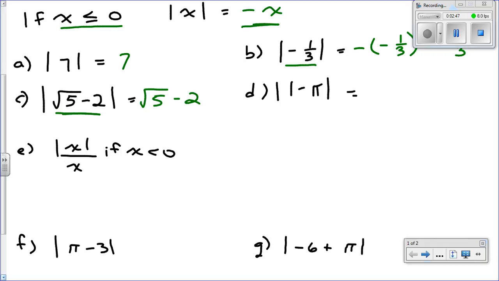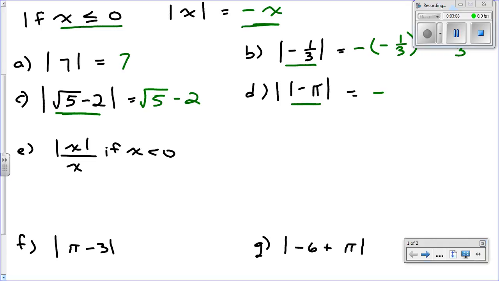D, on the other hand, has 1 minus pi in the absolute value symbols. That's 1 minus 3 point something, which is going to give us a negative value, so we need to change the sign on it. There are a couple of ways to do that. The easiest way is to change the sign on each of the terms in the absolute value.